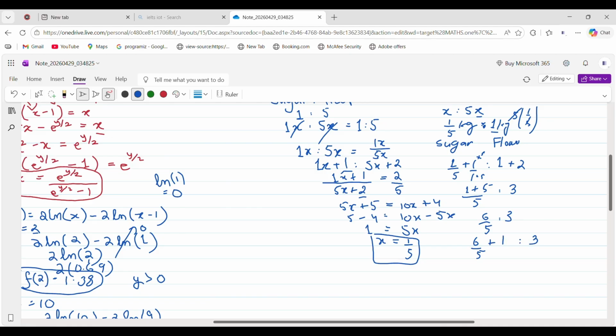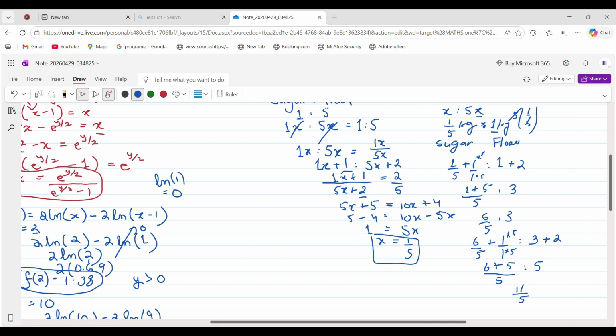Again 2 kgs of flour is added, so plus 2. Now see, again if we don't have anything in the denominator, which means we have 1, multiplied by 5. In the denominator we are left with 5. 6 plus 1, 1 into 5 is 5. Now see, ratio 3 plus 2 is 5. Now 6 plus 5 is 11 by 5.